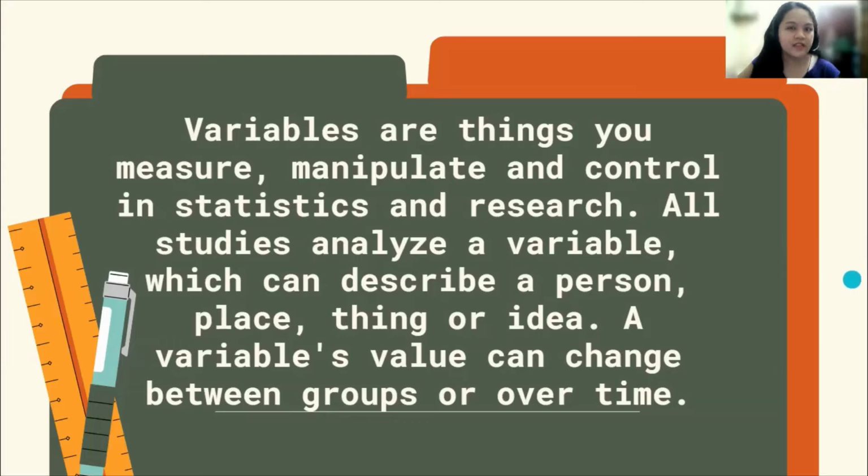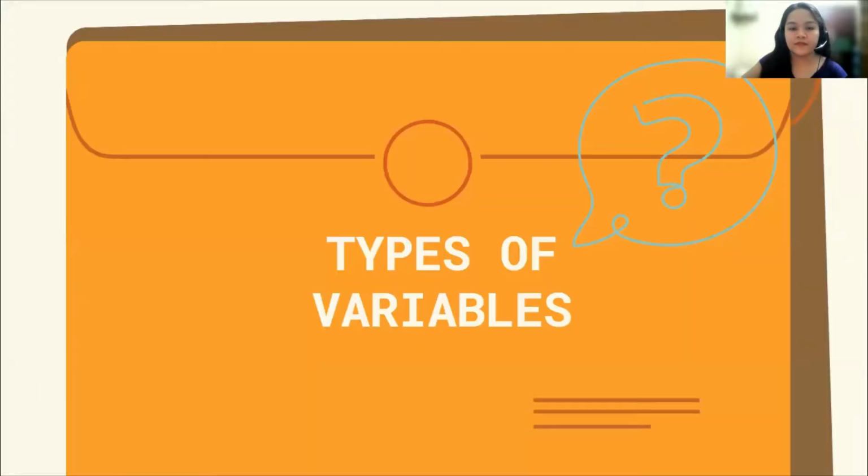So as I have said a while ago, a variable is the researcher's description to things, places, ideas, and many other sa kanilang research. Kung ano yung dinidiscuss nila sa kanilang research, yun yung mga variable.